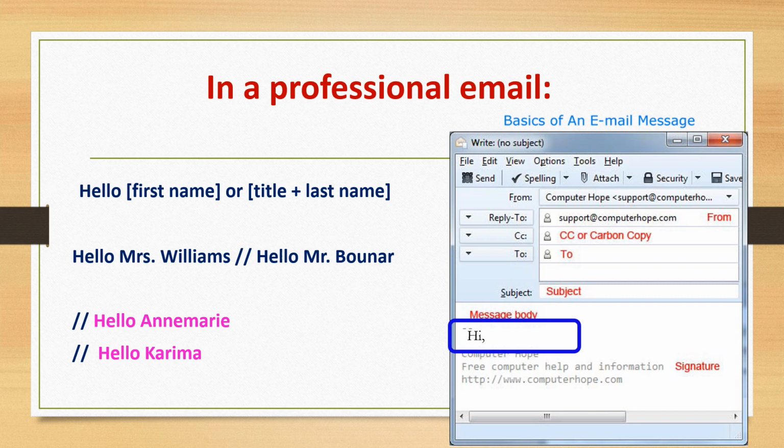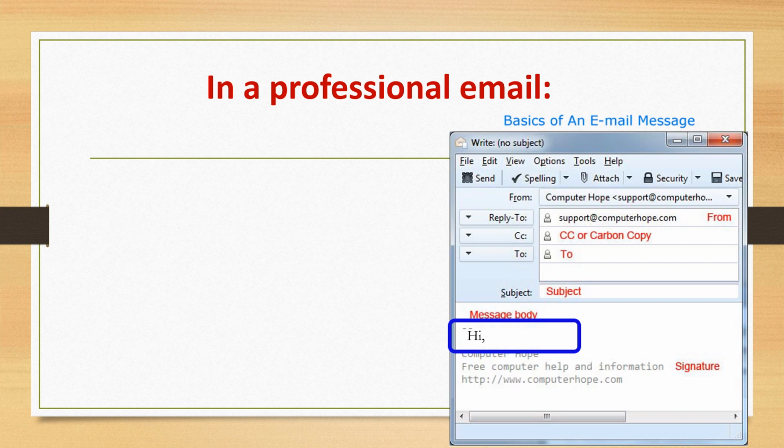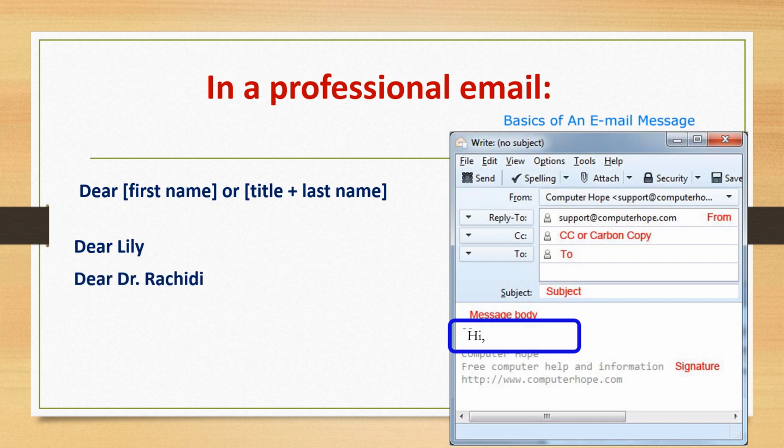It's very common. We can also use dear plus first name or dear plus the title and the last name. Example, dear Lily, dear Dr. Rashidi, dear Miss Belhusif. We notice that after the title, doctor, for example, we use a period.